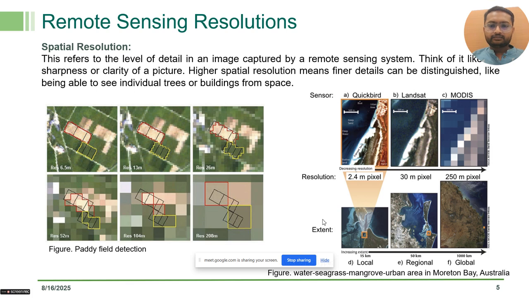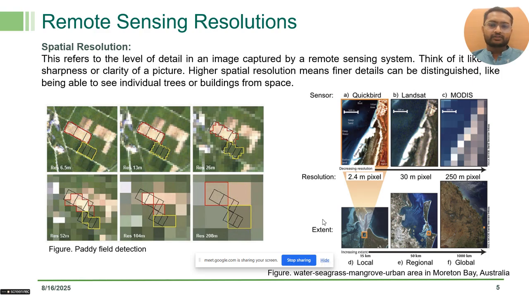Now, another thing which you might have learned in this last week is resolution. This is very basic in remote sensing, a basic characteristic of the image which we are going to use. There are four kinds of resolution, namely spatial, temporal, radiometric, and spectral resolution.